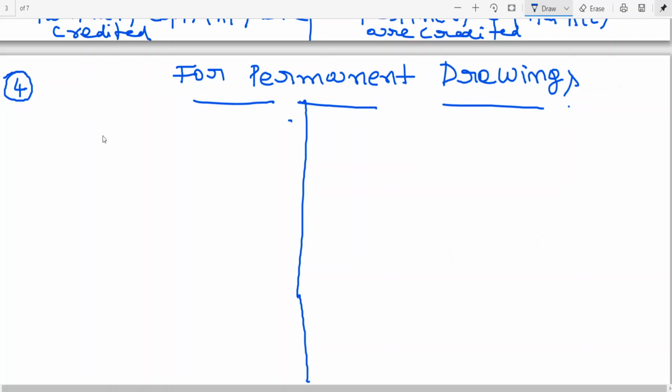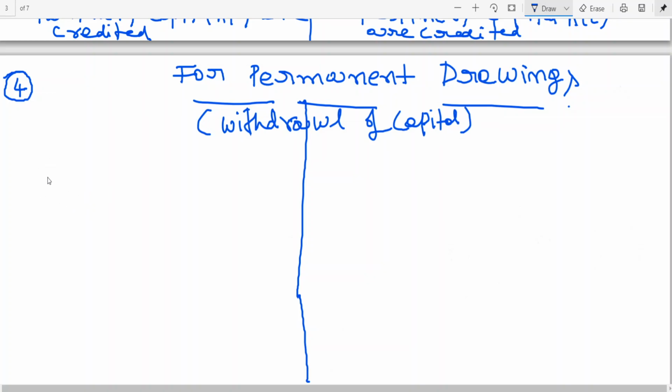Drawings are of two types. First, permanent drawings. Permanent drawings means withdrawal of capital. You can note down here: withdrawal of capital is called permanent drawings.